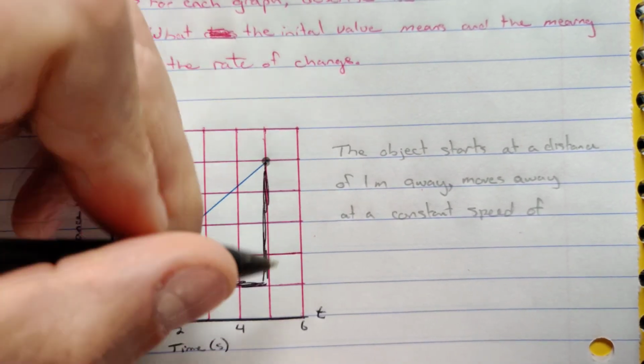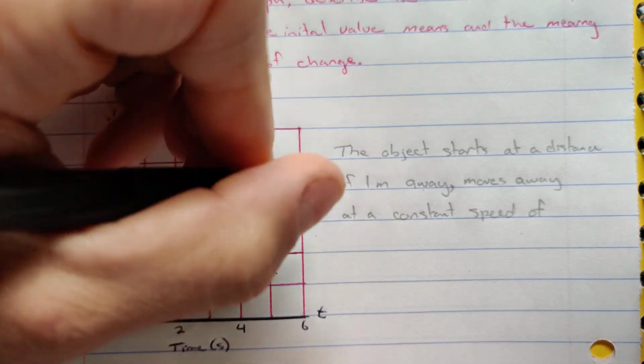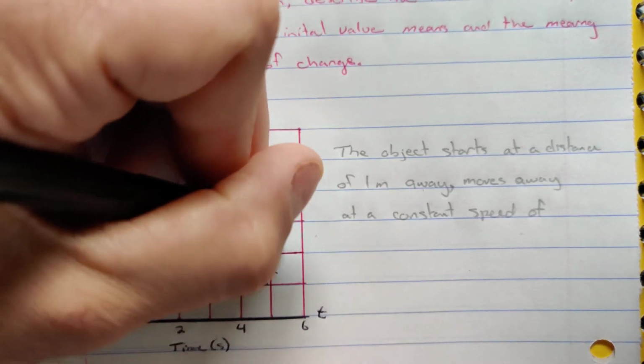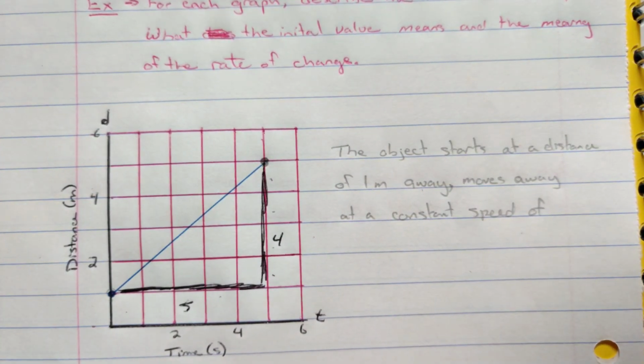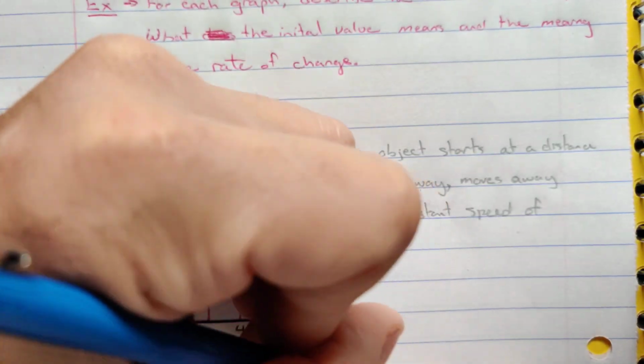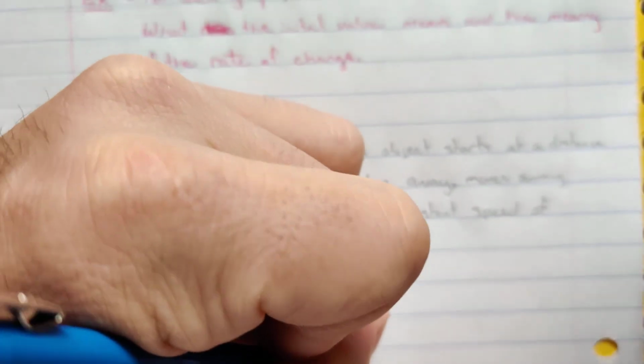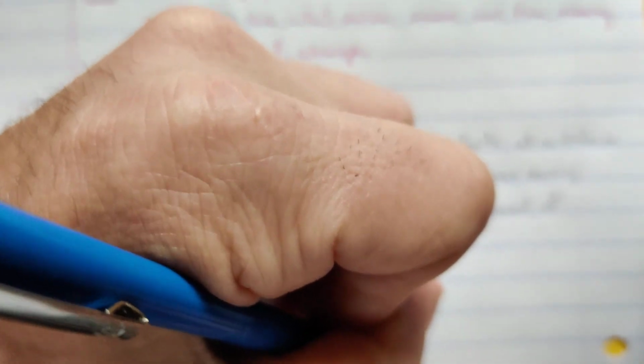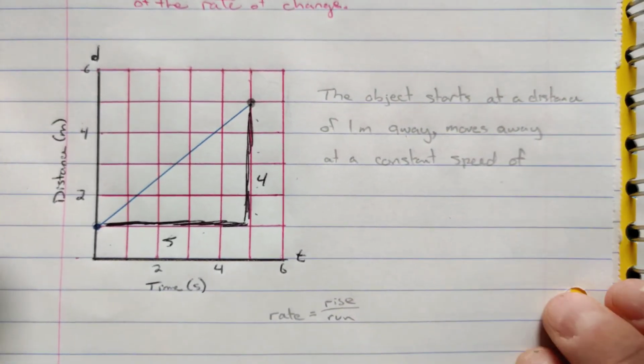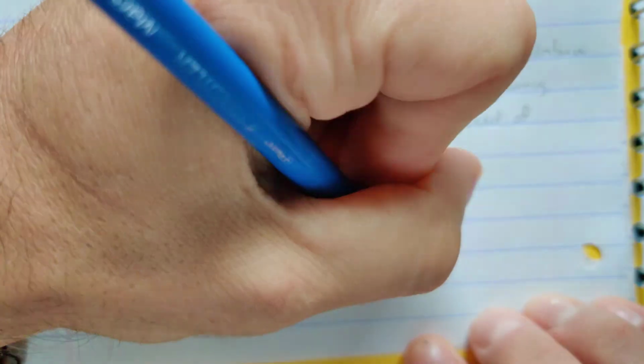So my run is 5. My rise is 1, 2, 3, 4. So my speed is going to be the rate of change. So my rate of change is equal to the rise over run, and that is equal to 4 over 5.